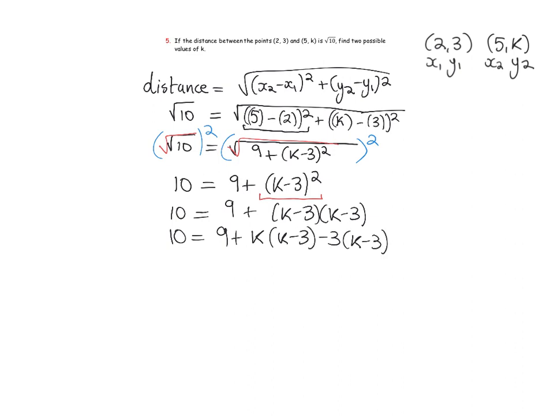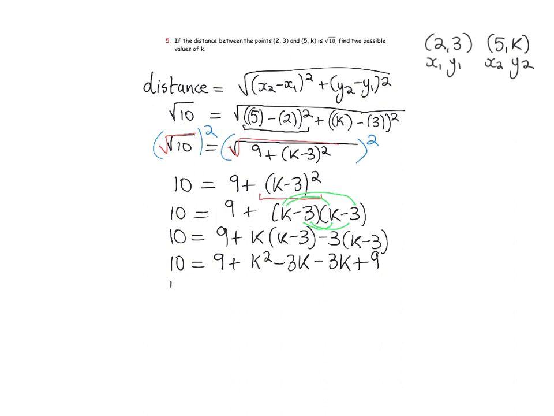How we did that is k by k, k by minus 3, minus 3 by k, and minus 3 by minus 3. So then this is 10 is equal to 9 plus k squared minus 3k minus 3k plus 9.